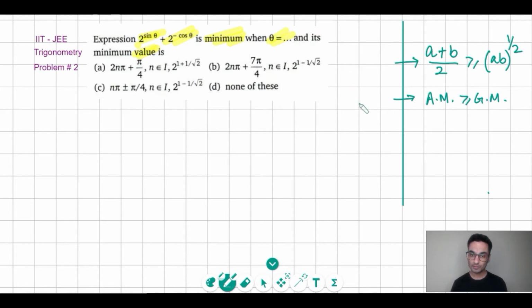After that we'll figure out what equations we get, and then we'll think of what formula can be used next.